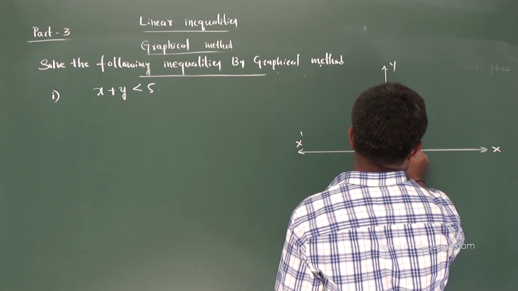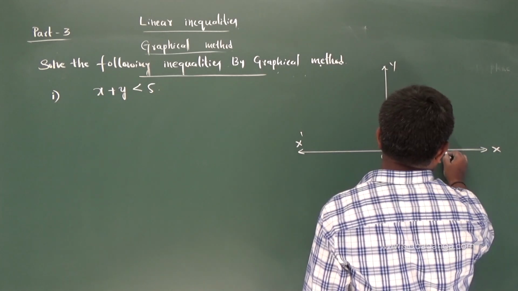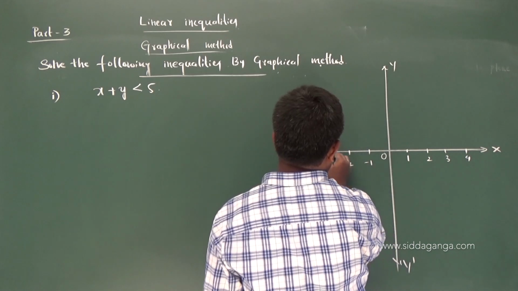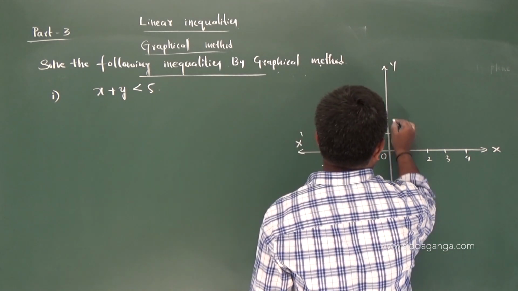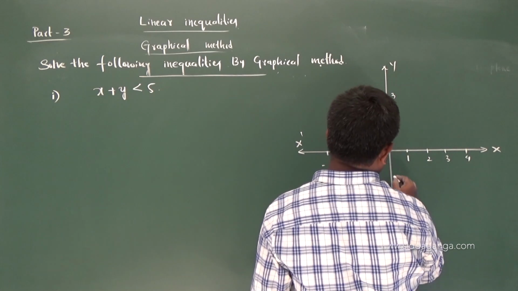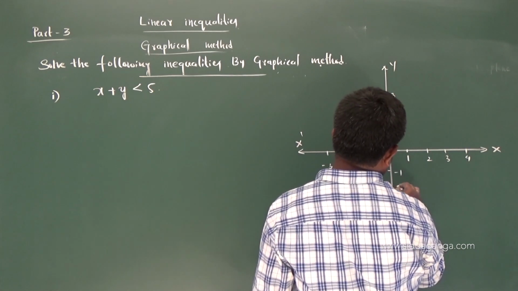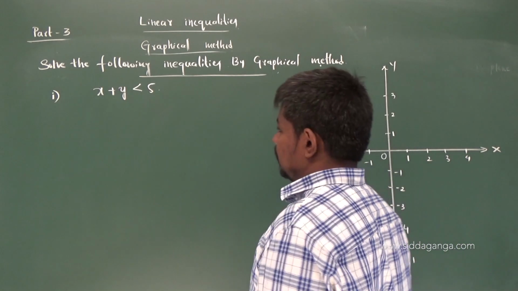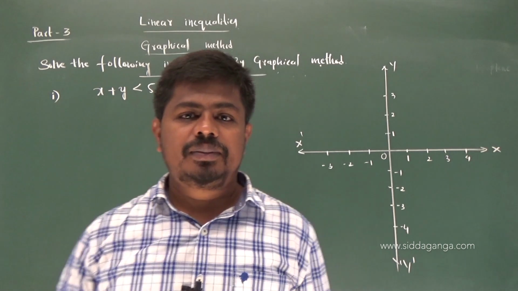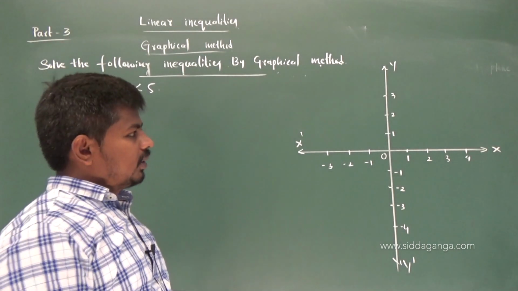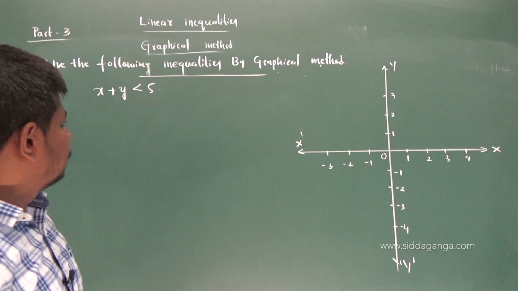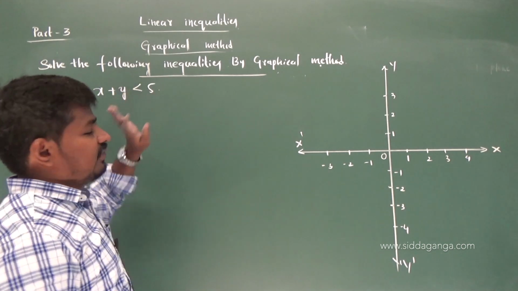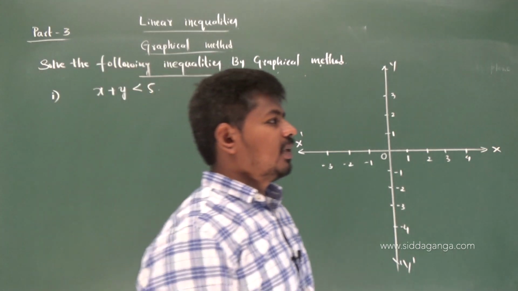This is the origin. So what is the first step? Here we are finding the solution, I mean the values of x and y such that the sum is less than 5.